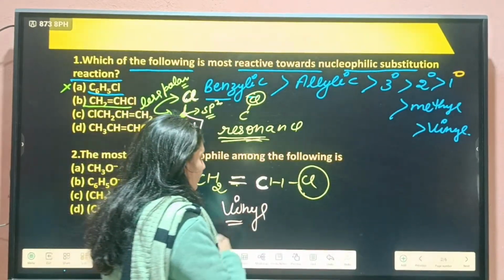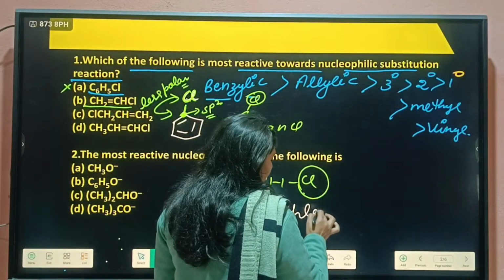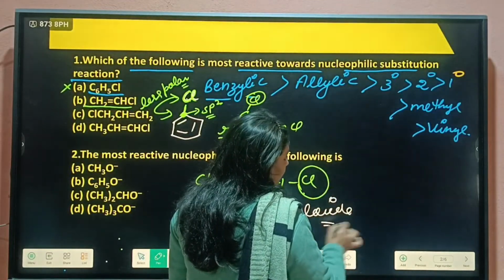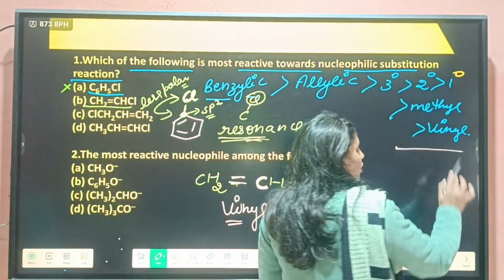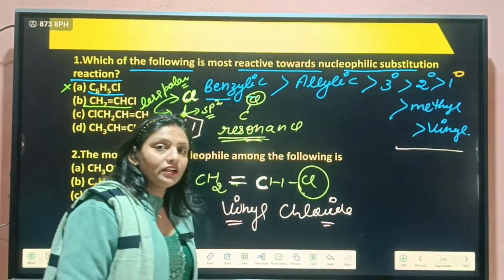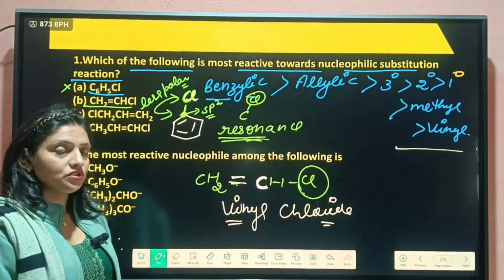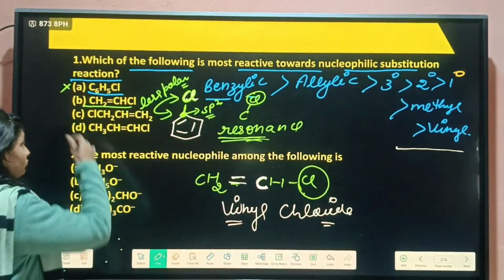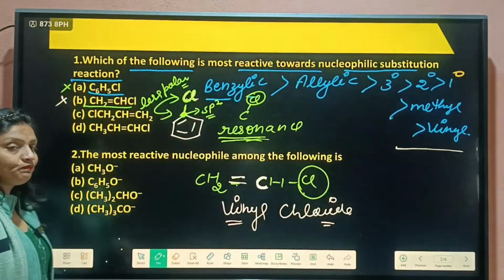So this one is vinylic chloride. Vinyl chloride it is, and you can see the order. Vinyl is also less reactive towards the nucleophilic substitution reaction. So we cannot go with this one also.